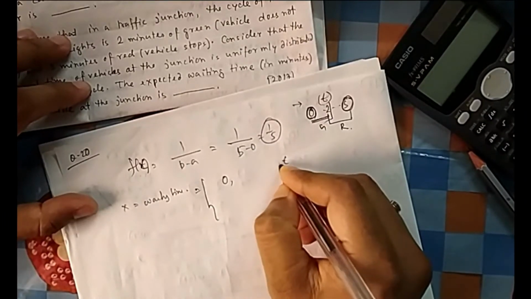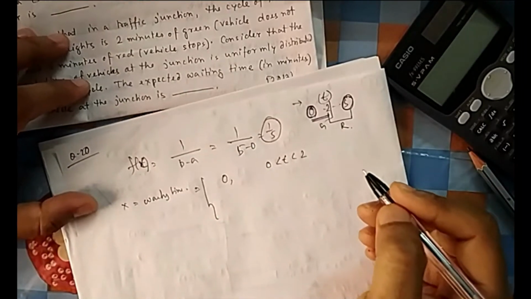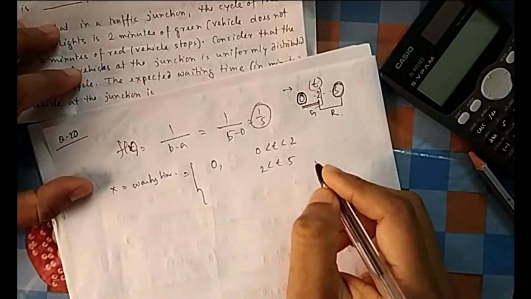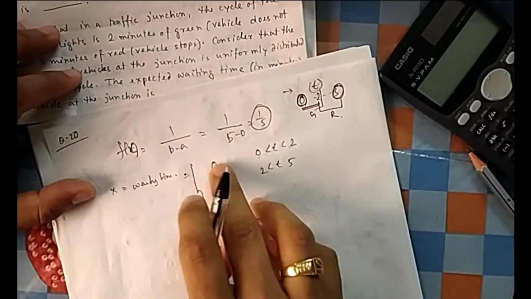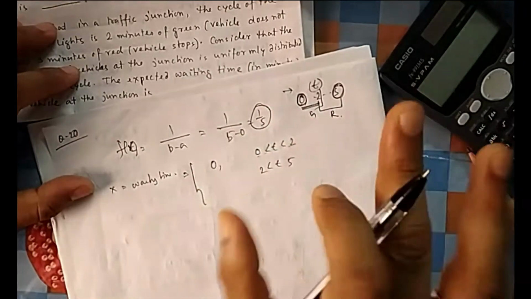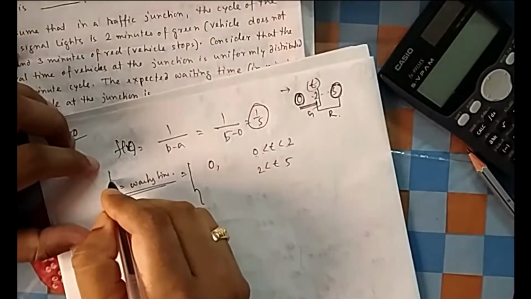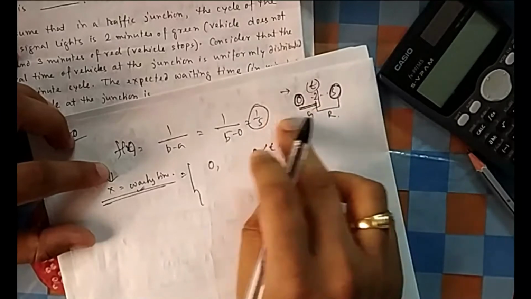So if you come between 0 to 2 minutes, then your waiting time is 0. If you come between 0 to 2, it means you are coming when the green light is on. Green light is on means you will wait for nothing, you will go directly. So 0 waiting time. That's why they are asking to take a random variable x which will represent waiting time. That's why I am representing waiting time in terms of t.